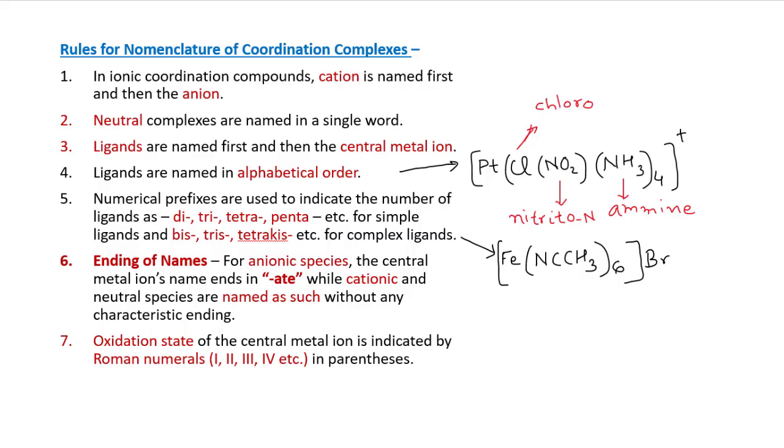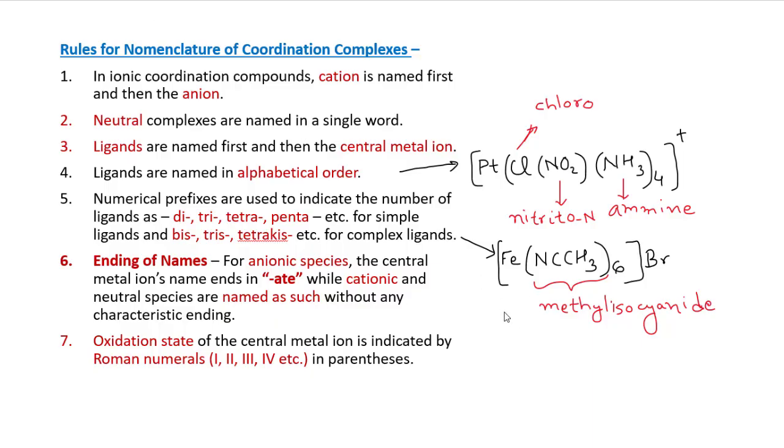So here we have an example where we have a complex ligand, and this ligand is methyl isocyanide. So how many methyl isocyanide ligands do we have? We have 6 methyl isocyanide ligands. So instead of naming it hexa, we will name it as hexakis.